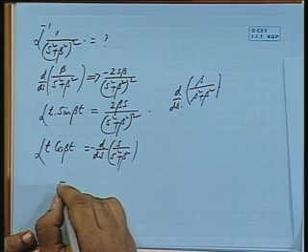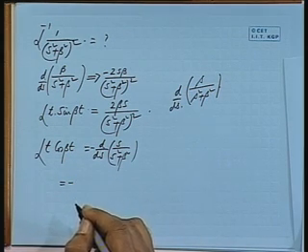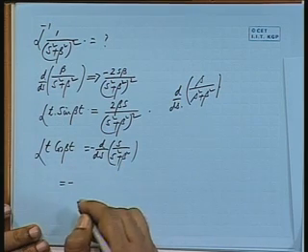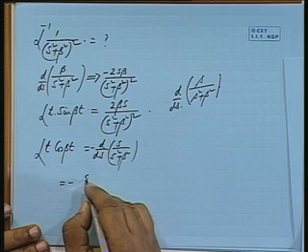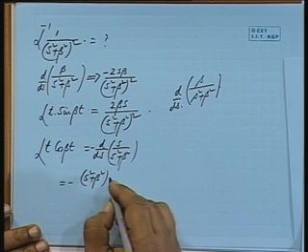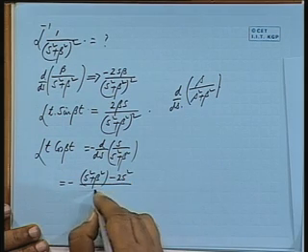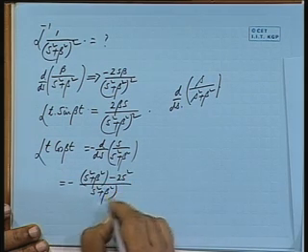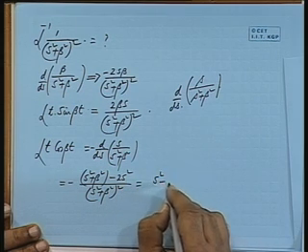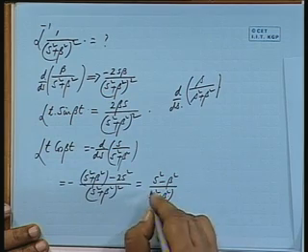How much is that? It is s square plus beta squared minus 2s square, into derivative, over s square plus beta square whole squared. So that gives me s squared minus beta squared divided by s square plus beta square whole square.